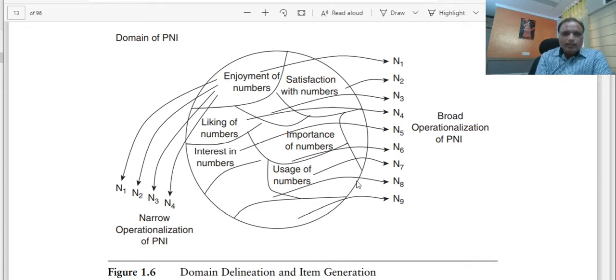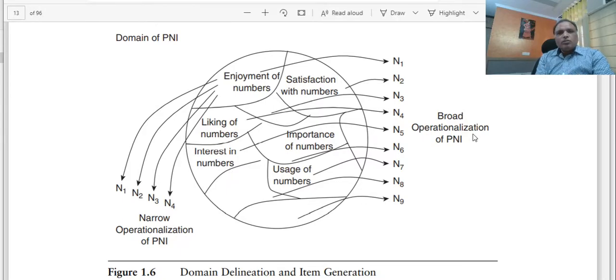The domain is PNI. Now here, sorry, each of these subdimensions of the construct: enjoyment of numbers, satisfaction with numbers, importance of numbers, uses of numbers, linking of numbers, interest in numbers, right?